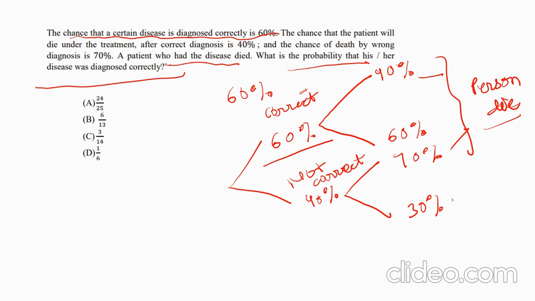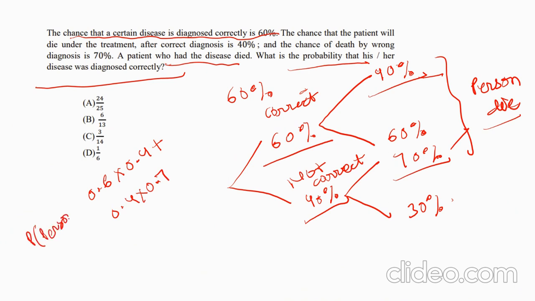If the disease is diagnosed correctly and he dies, so it will be 0.6 into 0.4. The other way is that the disease is not diagnosed correctly and he dies, so it will be 0.4 into 0.7. So this is the probability that a person dies: 0.24 plus 0.28, which will be 0.52.